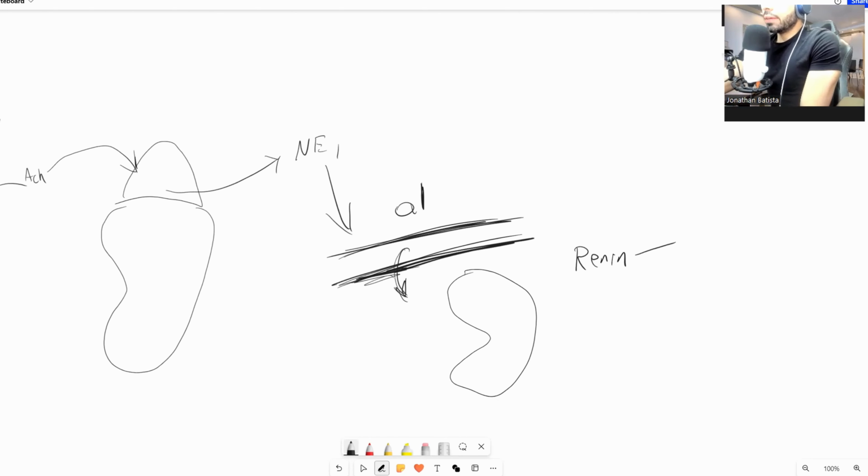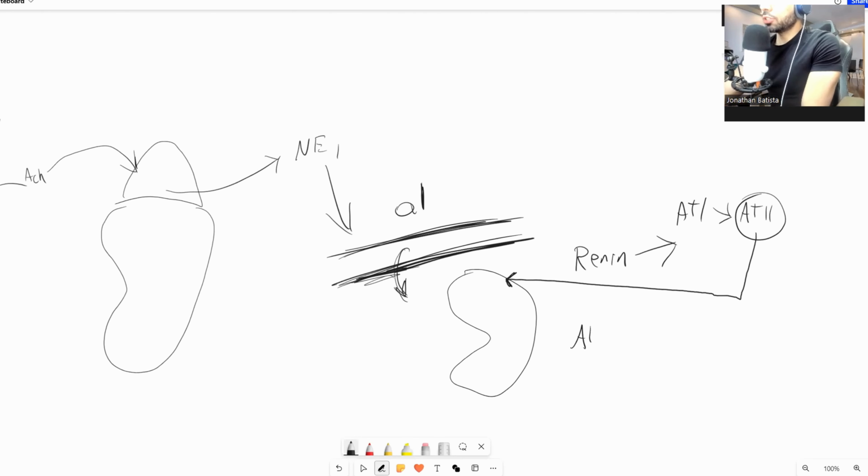And then renin will run basically the RAS system. You have angiotensin 1 converting into angiotensin 2. Angiotensin 2 will stimulate, at the level of the suprarenal gland, aldosterone release. Aldosterone, remember we mentioned that aldosterone has 3 main principal jobs that it does on the principal cell.